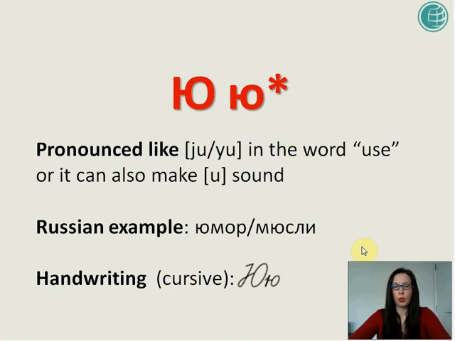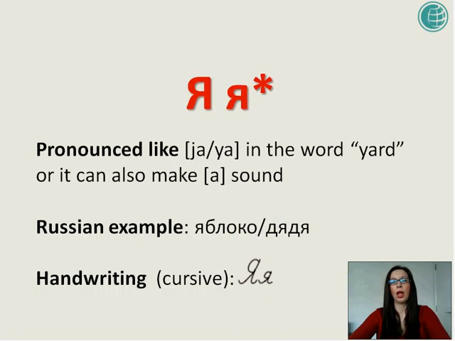And letter U now. It's again a star letter because it can make different sounds. Sometimes it is pronounced like U in the word use, or it can also make U sound. Let's compare юмор, which means humor, and мюсли, which means muesli. And look at the cursive. And the last letter, ya.